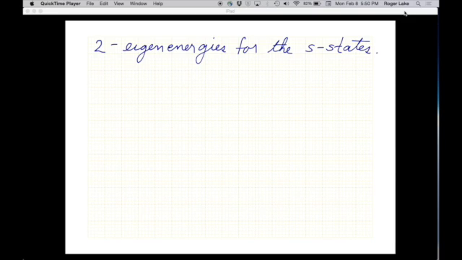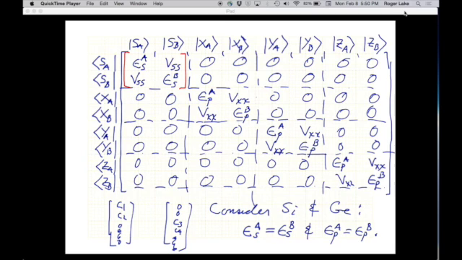And for the P states, you've got 3 2x2 blocks, but each of those 3 are identical. If we go back and look, we've got 3 blocks for the p states, but each one of these blocks is exactly the same as the other block.